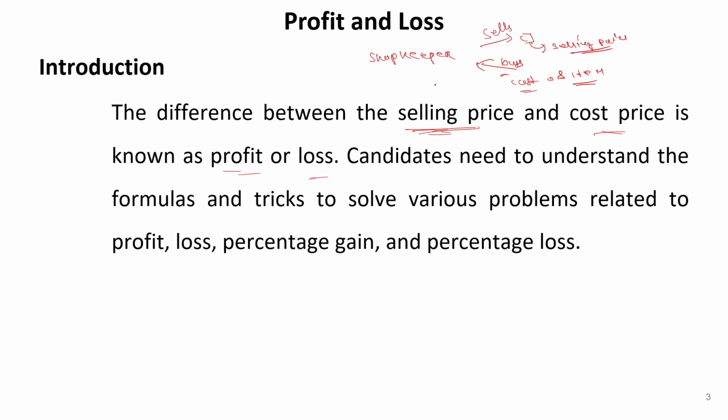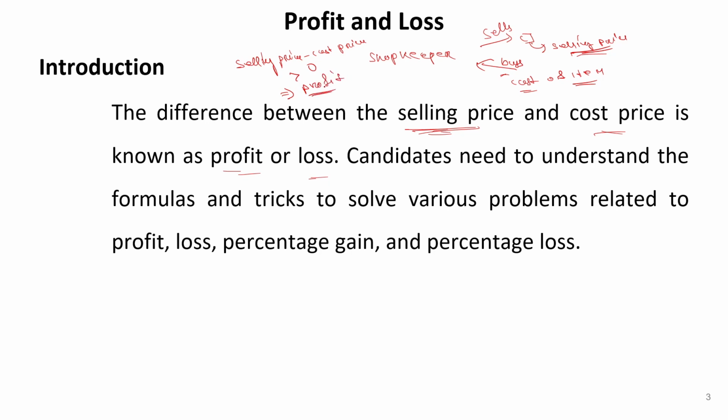The price at which a shopkeeper buys the item is the cost price, and the price at which he sells the item is called the selling price. If he's selling for more than the cost of the item, then selling price minus cost price is greater than 0, which implies profit.